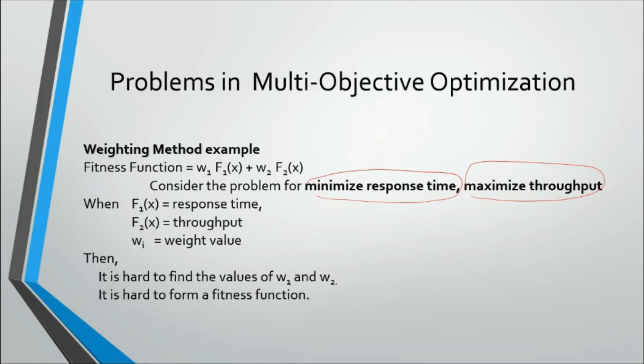And again, it is hard to form a fitness function because one is a minimization and the other is a maximization condition. If both are maximization, obviously we can do it by adding them together. And if both are minimization, then also we can do it by adding them together, no problem. But if one is minimization and the other is maximization, then creating a single objective function or single fitness function is difficult.